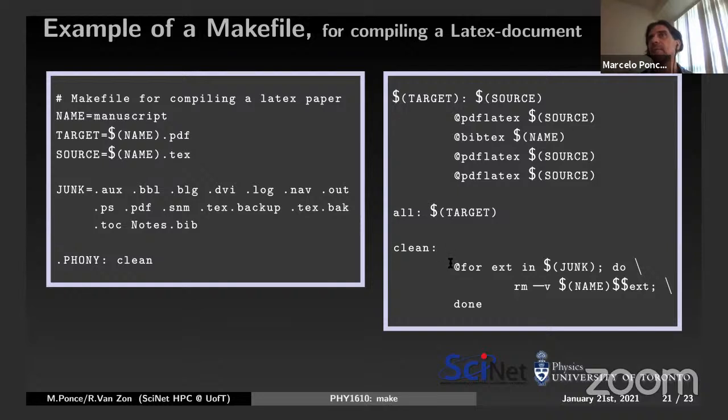And then the clean rule, what it does is looping over all the extensions. That's what you see here: for X in whatever is in chunk, all these extensions do, and then remove -v, just so that it shows what is being removed, and then $name and $extension. This is not a typo. This is a way to protect whatever is the content of the variable extension.